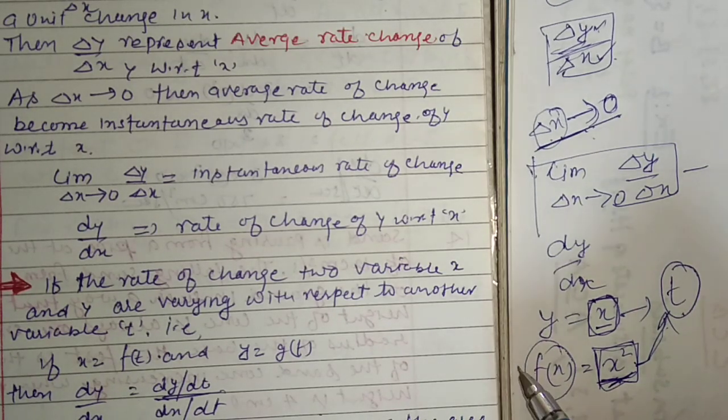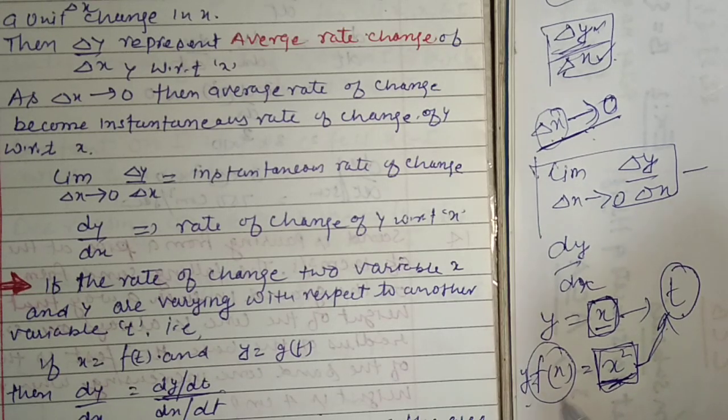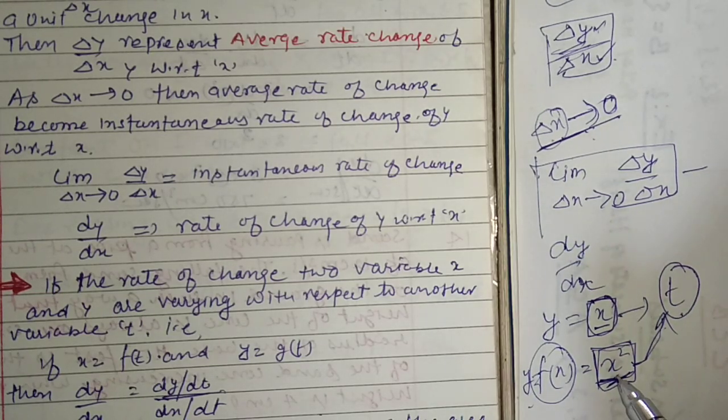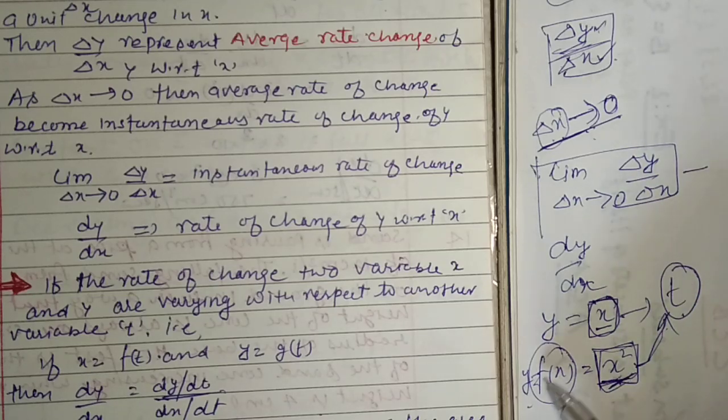So what change do we find in y? We know that if x changes, then y changes. So how can we denote that?